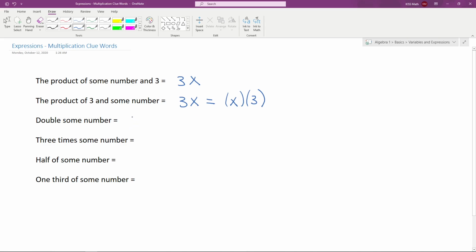And it could be written as 2x for doubling, 3x for tripling, or 0.5x for halving. 1/3 of some number is technically dividing some number by 3, but it can also be seen as multiplying some number by 1/3, and you'd get the same result.